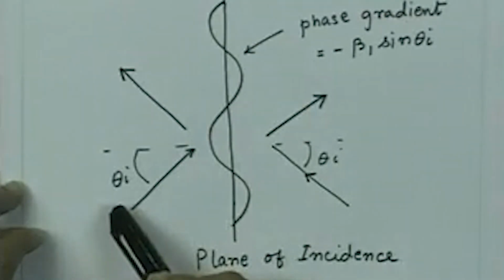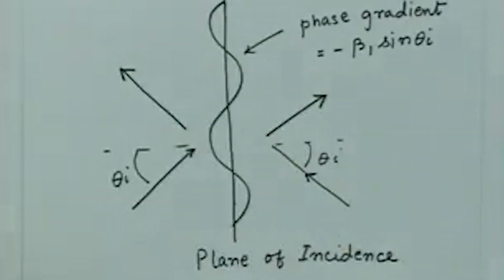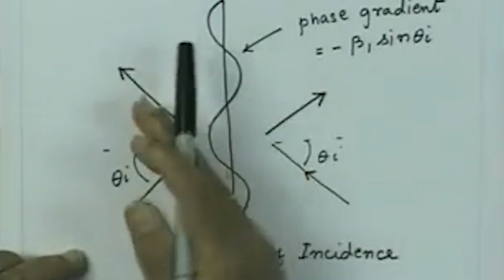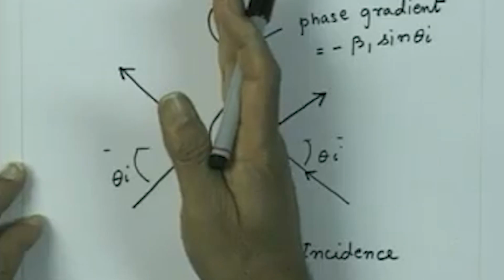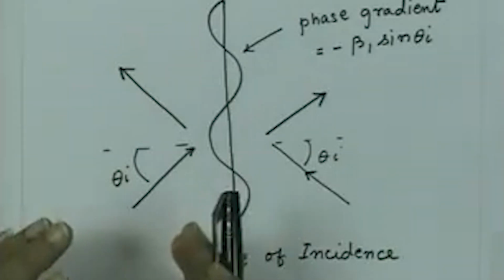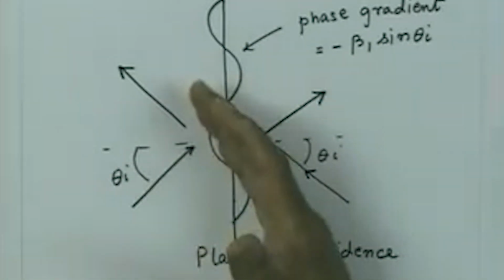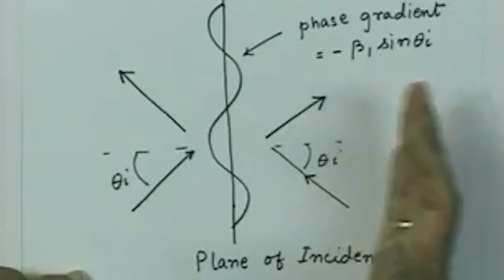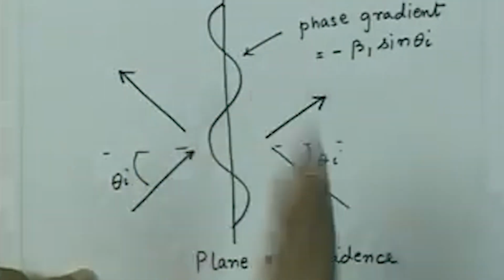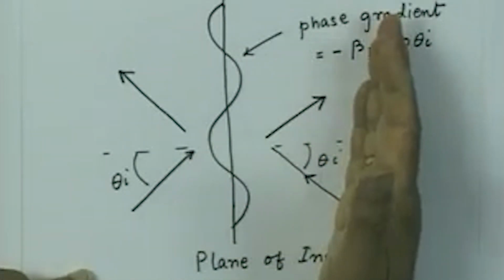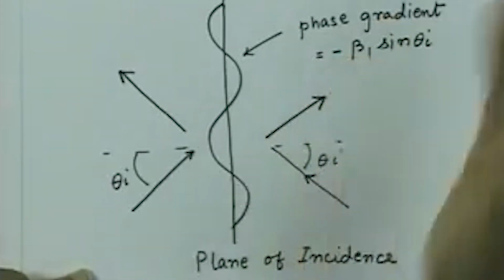As we mentioned, this wave, since it is going away from this interface, will carry some energy. So, we will say of whatever energy came to the interface, part of the energy was reflected from this interface and part of the energy was transmitted across the interface. So, in general we see that when the wave is incident on a dielectric interface, there will be a reflected wave which will carry away some energy which was brought by the incident wave, and there will be what is called a transmitted wave which will take the energy to the second medium.